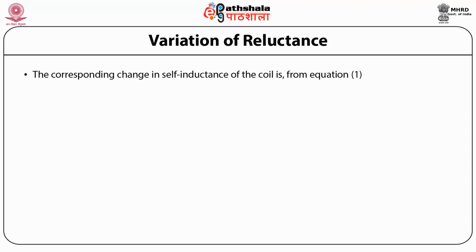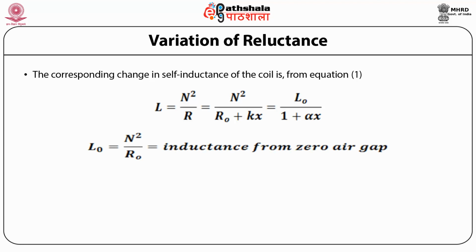So students, the corresponding change in the self-inductance of the coil is given from equation 1, that is L equal to N squared by R, equal to N squared by R naught plus kx, which is equal to L naught by 1 plus alpha x, where L naught is N squared by R naught, the inductance at zero air gap, and alpha is K by R naught.